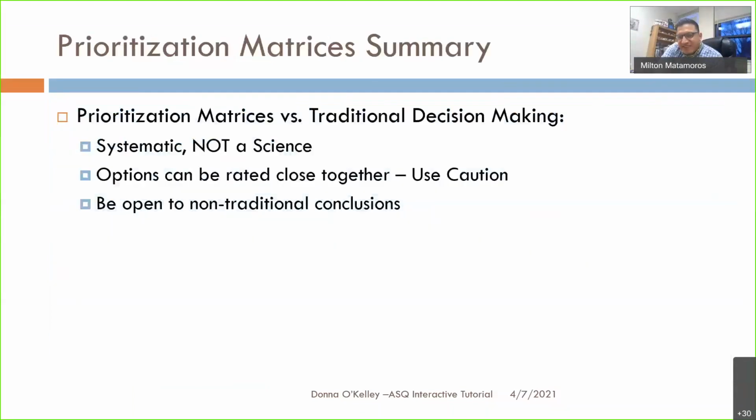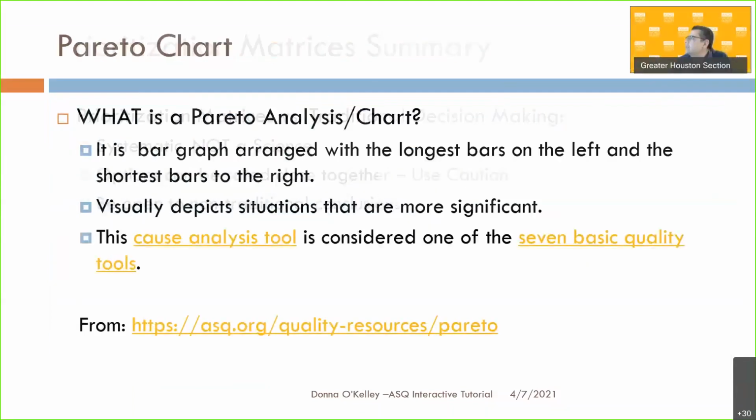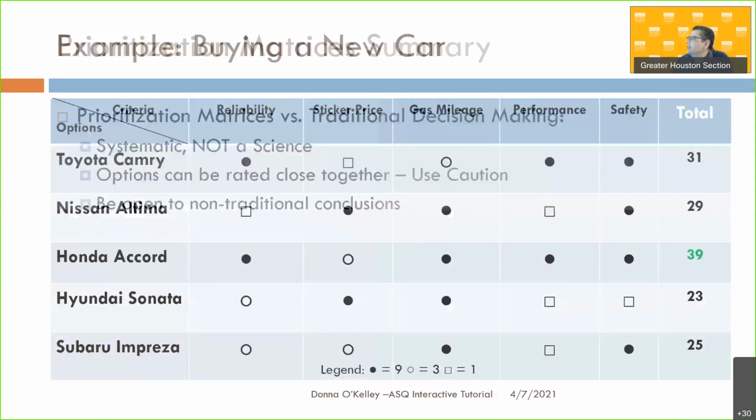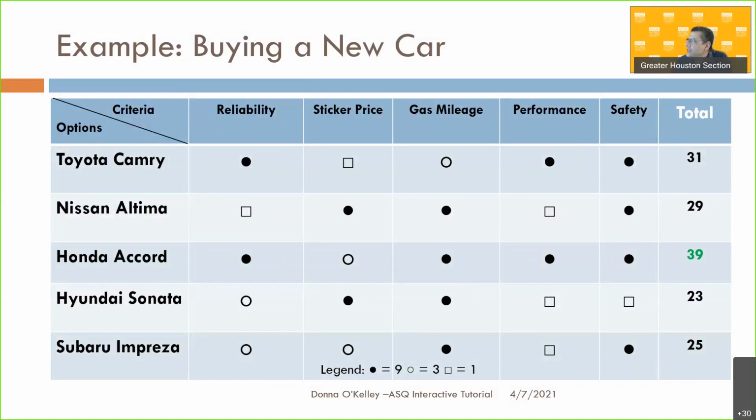I have other comments in the chat, Donna. Sharon Garcia is saying, I've seen this used during a risk assessment session. Sharon, do you want to elaborate? Yeah, we commonly use this tool to rate the amount of risk, for instance, with software validation or the risk associated with a project implementation.